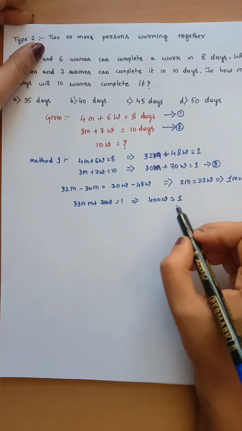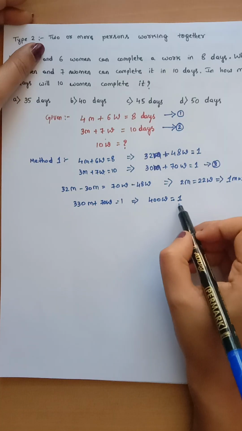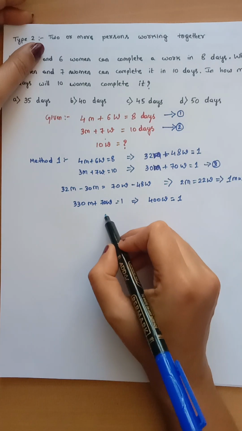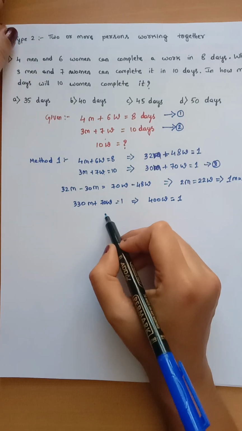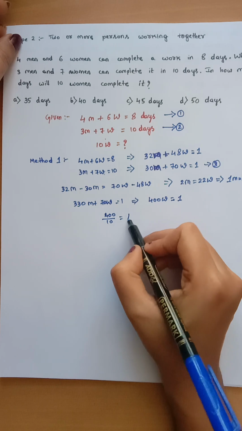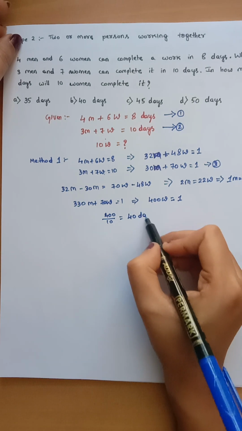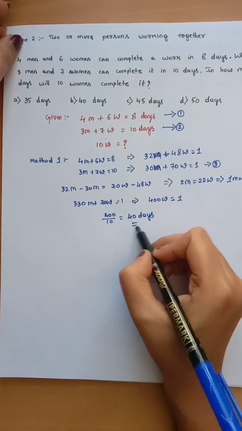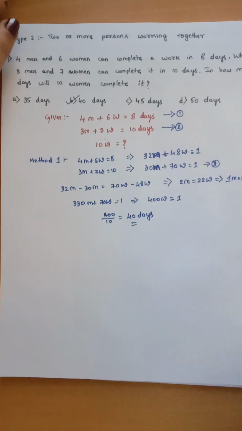So if 400 women work, it will be 1 day. 400 divided by 10 women is equal to 40 days. And option B is the answer.